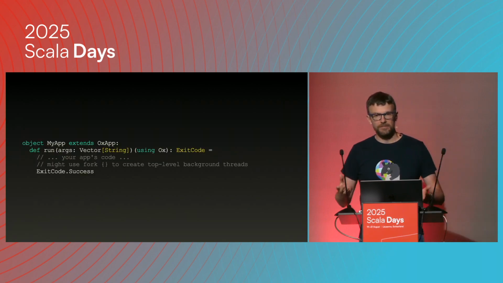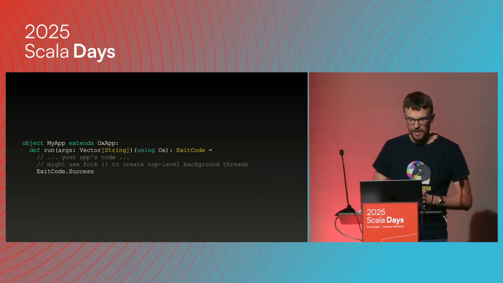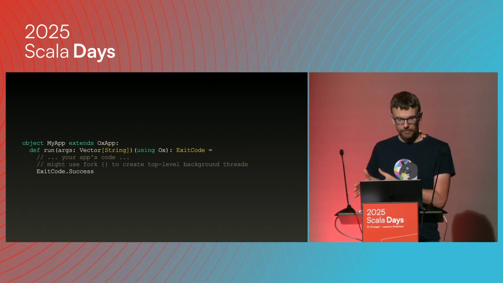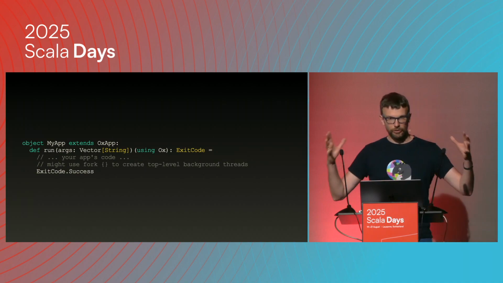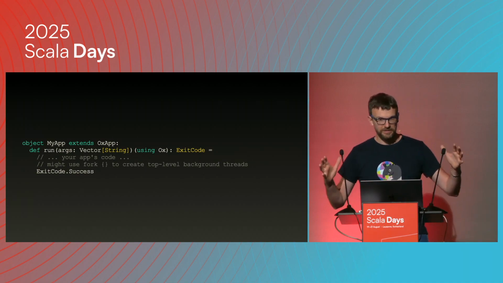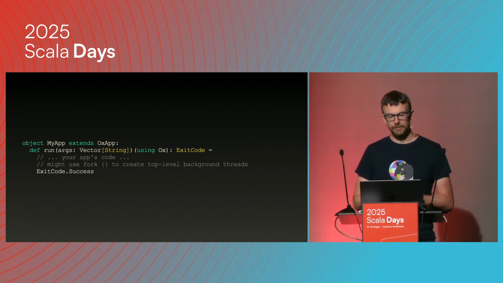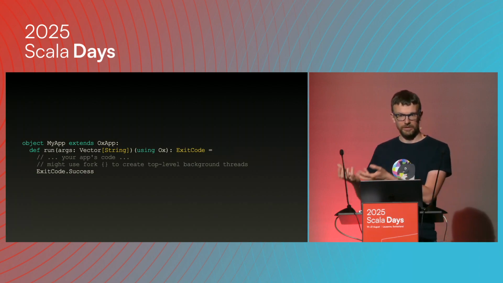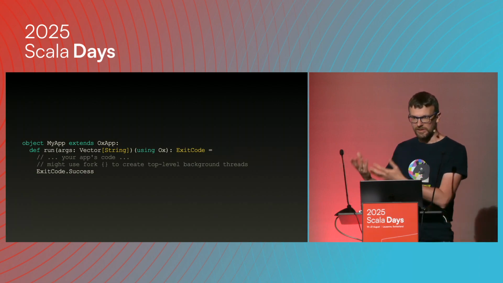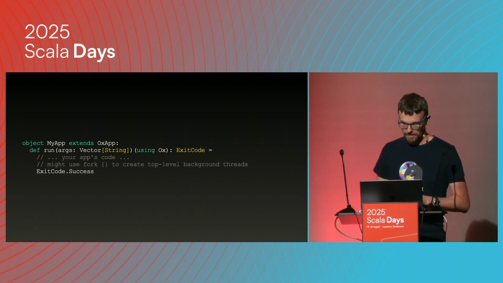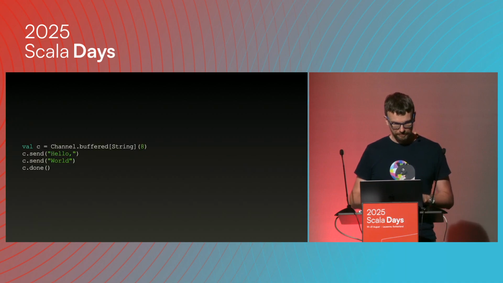There is also a top-level Ox app helper, which you might use. You don't have to use it to use Ox, but it's helpful if you want to have a top-level concurrency scope where you want to run some background jobs, but also if you want to properly handle clean shutdowns when your code is interrupted from the outside, right? So that the threads aren't immediately killed, but there's this nice cleanup process.